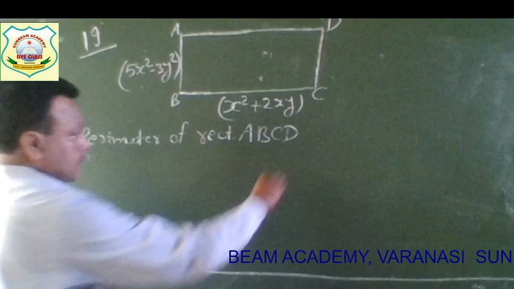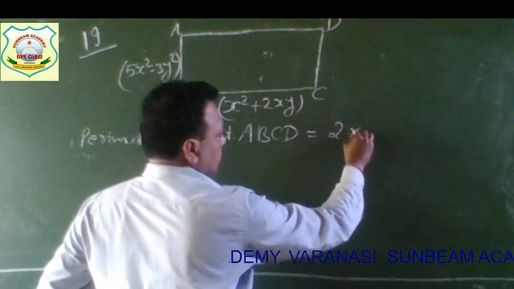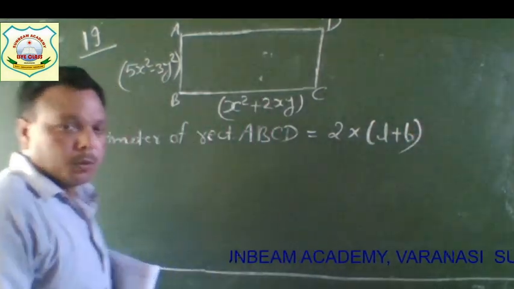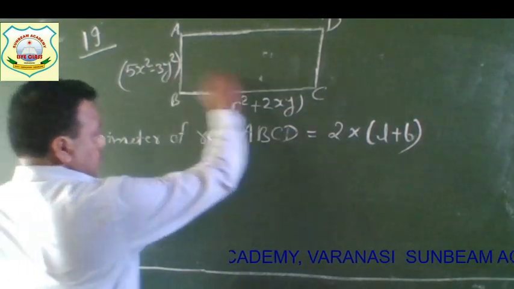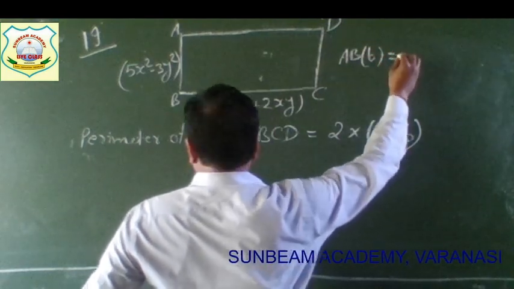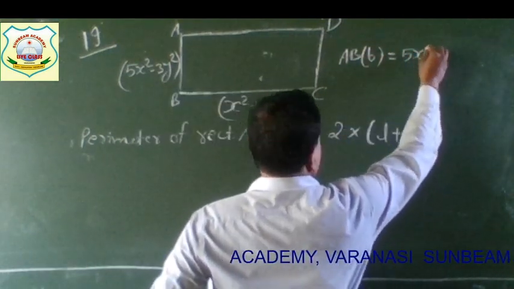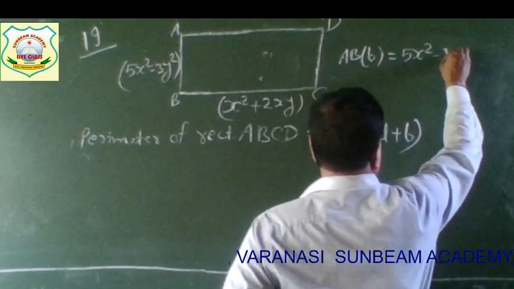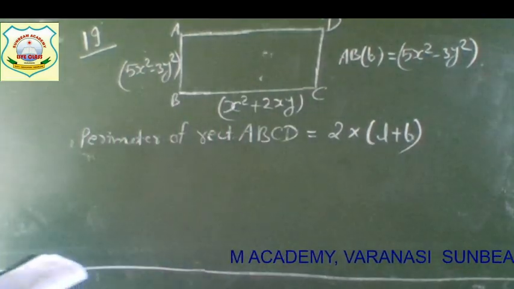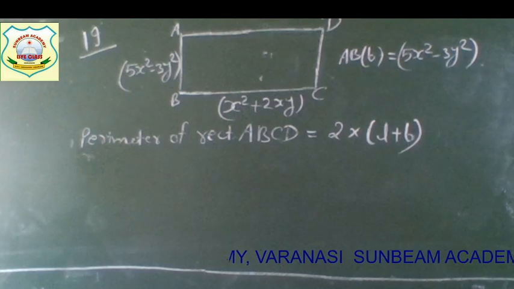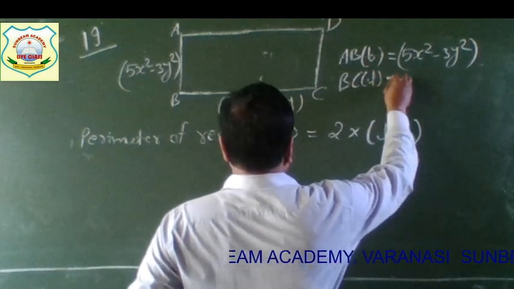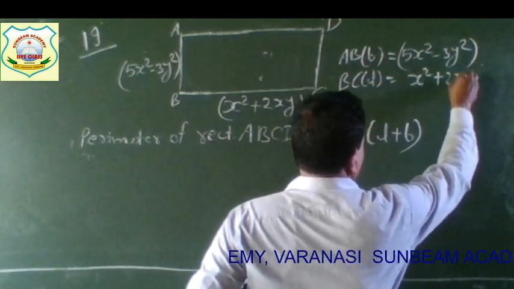Perimeter of rectangle ABCD equals 2 multiplied by L plus B. Here the breadth AB is the expression 5x square minus 3y square. That is the breadth. And the length is given as x square plus 2xy. So the length, that is BC, equals x square plus 2xy.